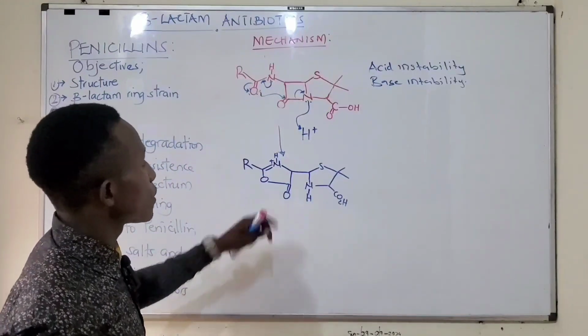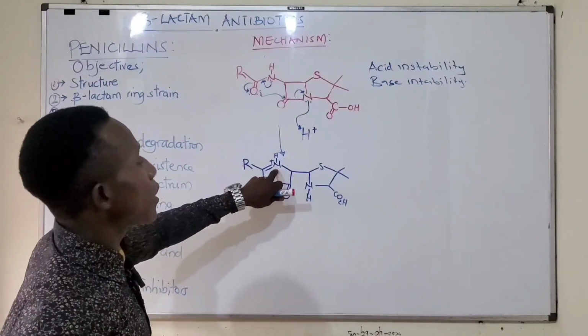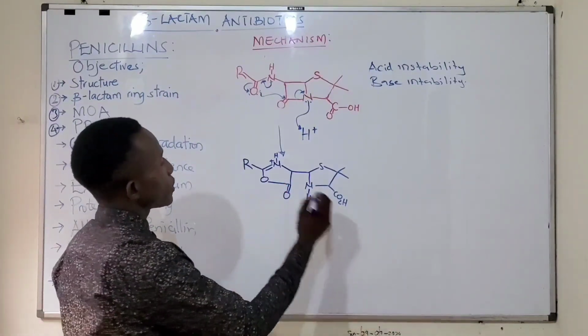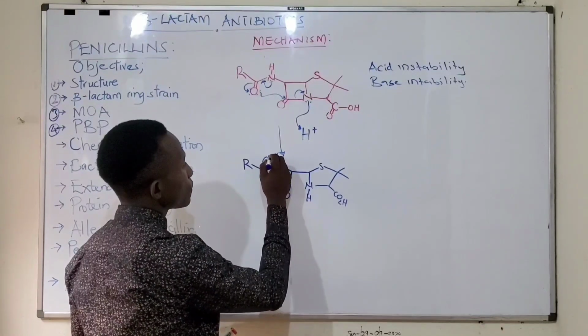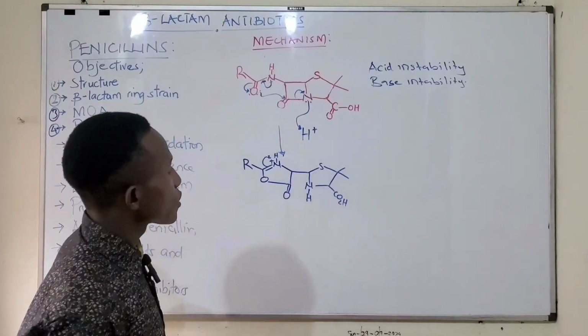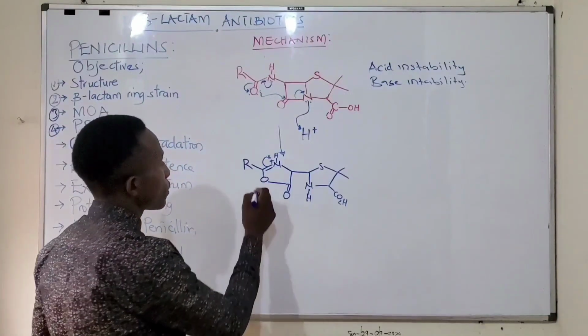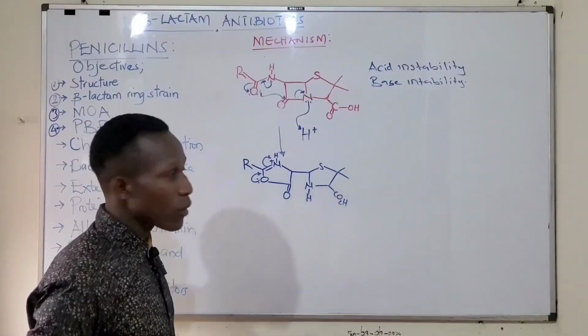This nitrogen is also unstable, so it will try to stabilize itself. When it stabilizes itself, this carbon again is unstable, so we shall have this one forming back the bonds.